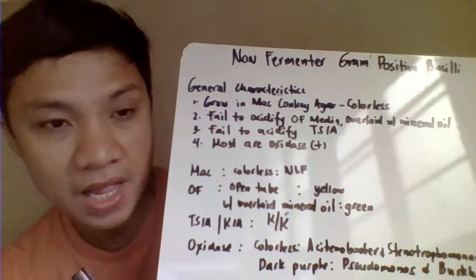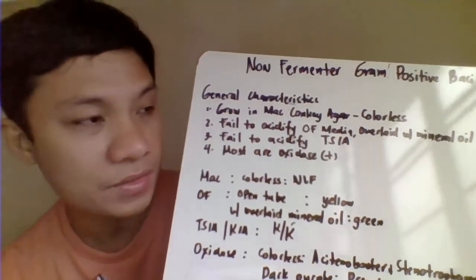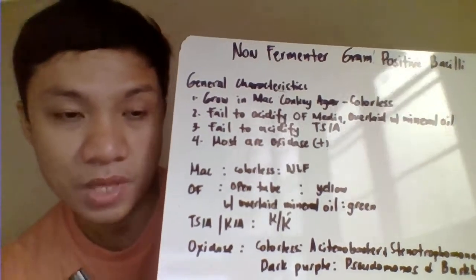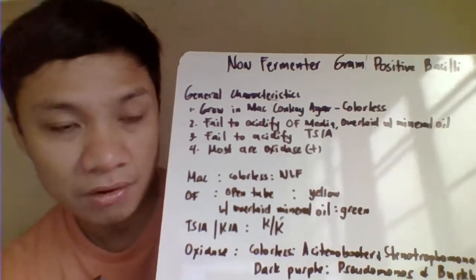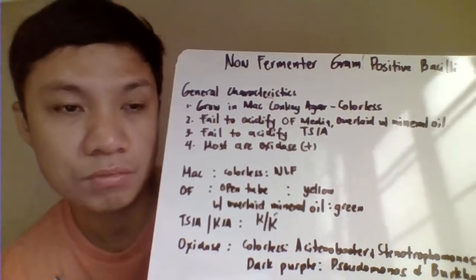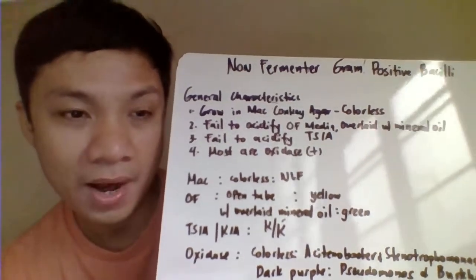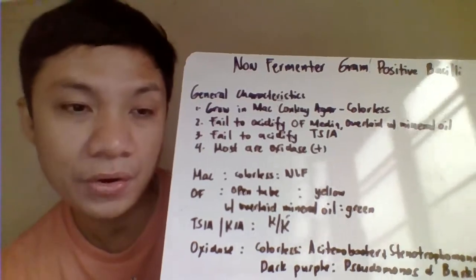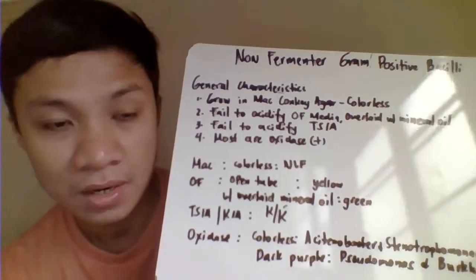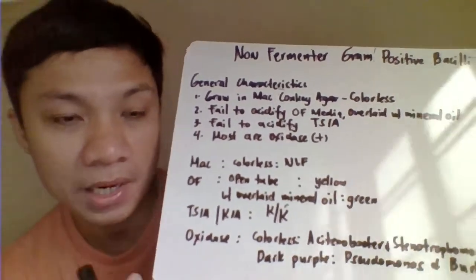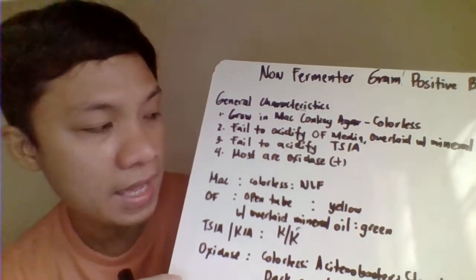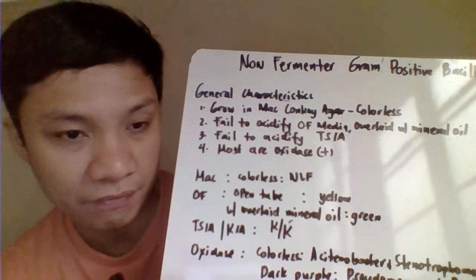Another one, they fail to acidify the oxidation-fermentation media, especially the one overlaid with mineral oil, and therefore they are only able to oxidize glucose instead of fermenting it. That will change the color only in the open tube, but not in the tube overlaid with mineral oil. Another one, they fail to acidify TSIA, and most are oxidase positive.